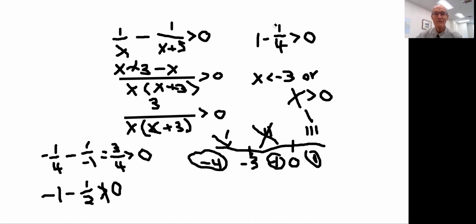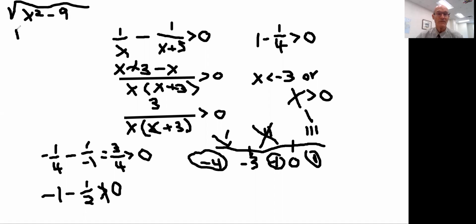Let me come back over here to my draw command. If you look at something like, let's say we have the square root of x squared minus 9, and we want to find out what the domain of this function is.